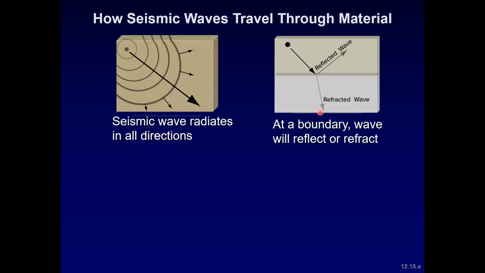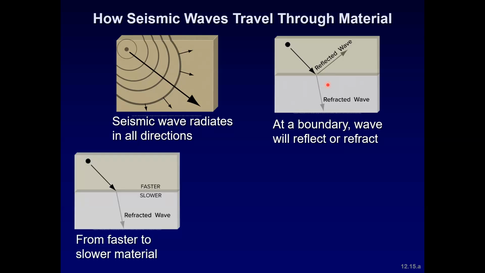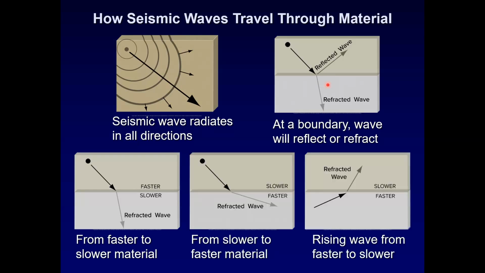And then a wave refracts to a shallower angle in faster material. Okay, so a rising wave refracts up, passing from faster to slower material. And we could see something like this. So starting off in all directions, the only thing that's going to change it is different types of earth materials where that energy can transfer through the material faster or slower.